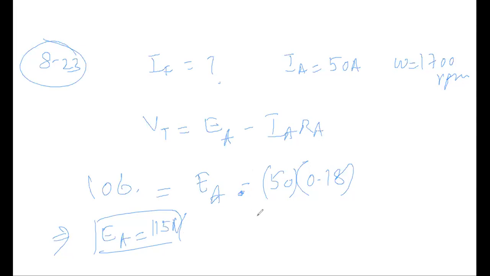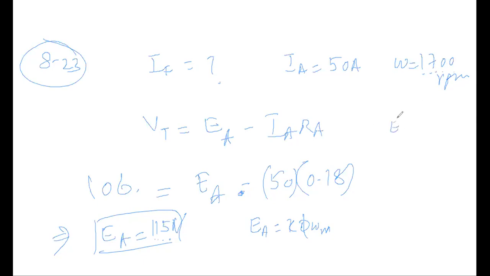And now we want to again make the proportionality. EA is equal to K phi omega m. If I can keep the phi thing constant and make a proportionality between EA and omega m, it will make things simpler for me. So now I know that at 1700 RPM, the EA is 115.